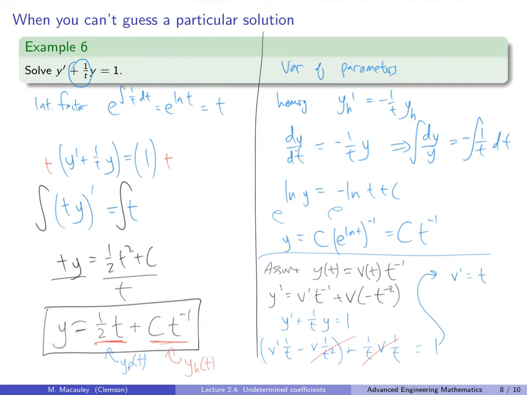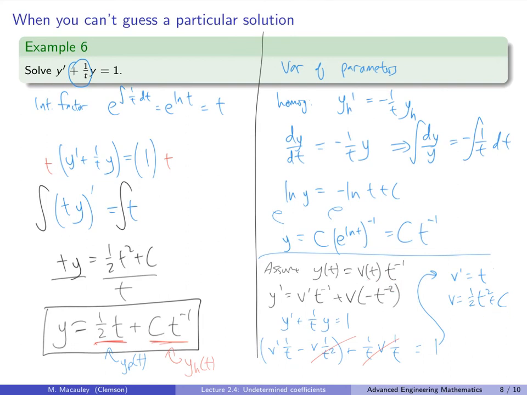Oh, look at that. It looked like it was going to get messy. So again, this is v prime over t equals 1, so v prime equals t. So that means that v equals 1/2 t squared plus c. And so our general solution here is v times t inverse.